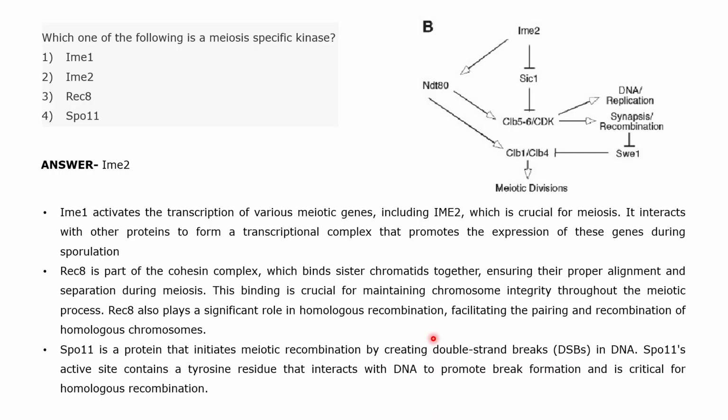For homologous recombination to happen, these double strand breaks should be present, and from this one of the strands is linearized out. It binds to the chromatin region of the other homologous chromosome, thereby promoting recombination. It consists of a tyrosine residue that helps in the active site for these double stranded breaks.